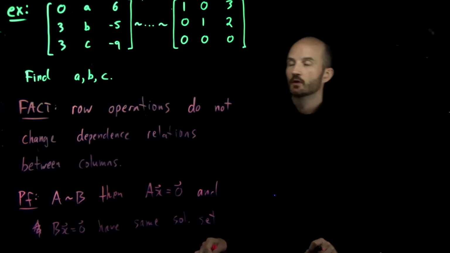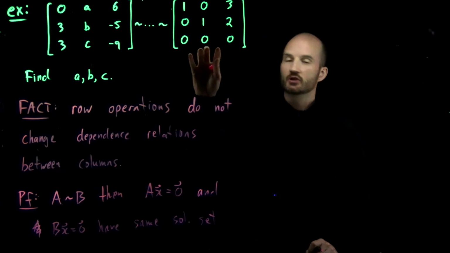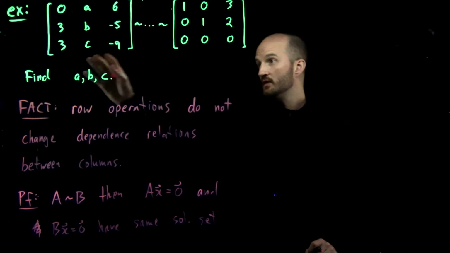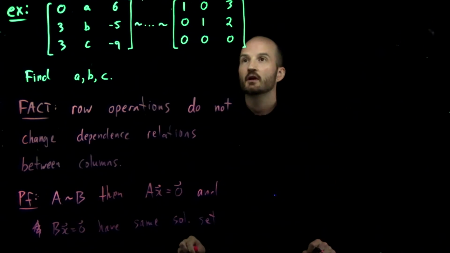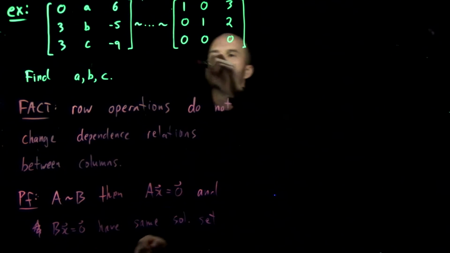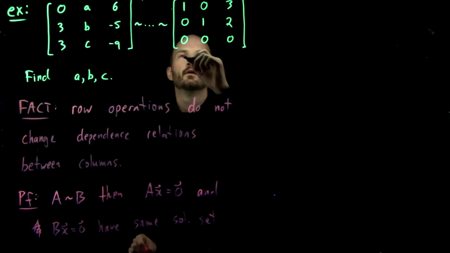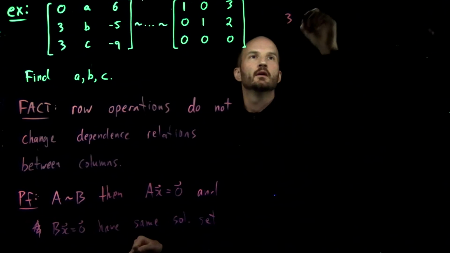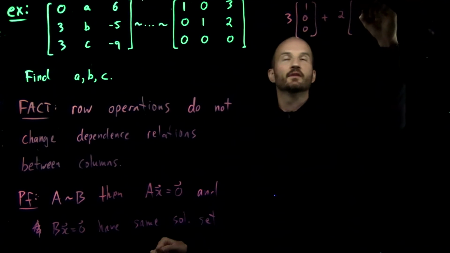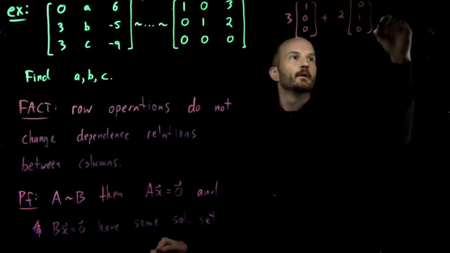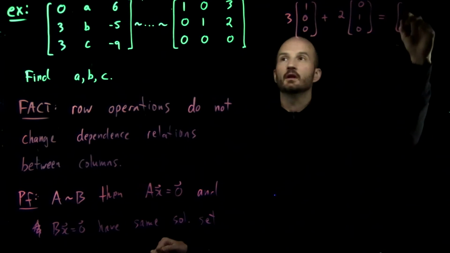We're going to say that any relationship that exists between the columns here is also going to exist here. And it's easy to see where the relationship is here. If I have 3 times that first column plus 2 times that second column, that is going to give me the third column.